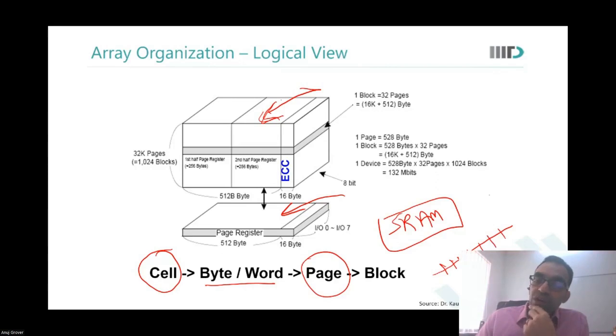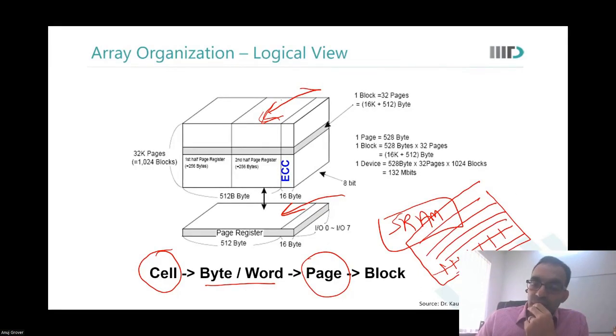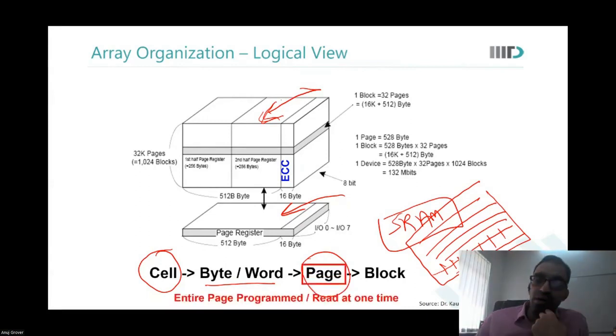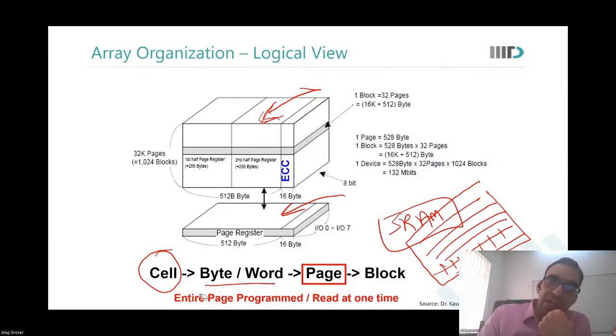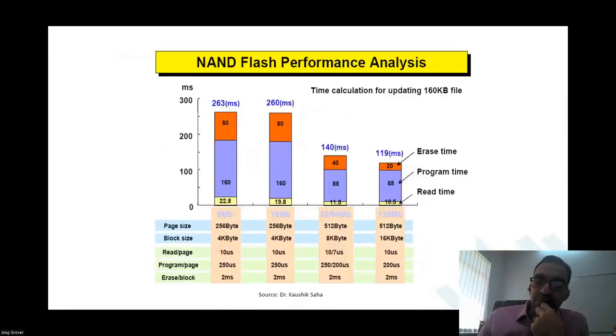And a block is a group of multiple pages, where there are multiple bit lines and multiple word lines in there. As I said, entire page is programmed at once and entire block is erased at once.